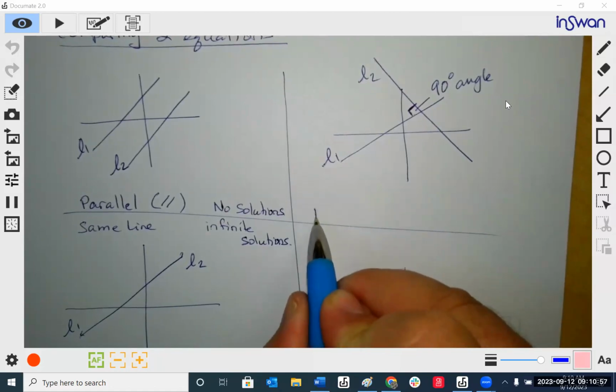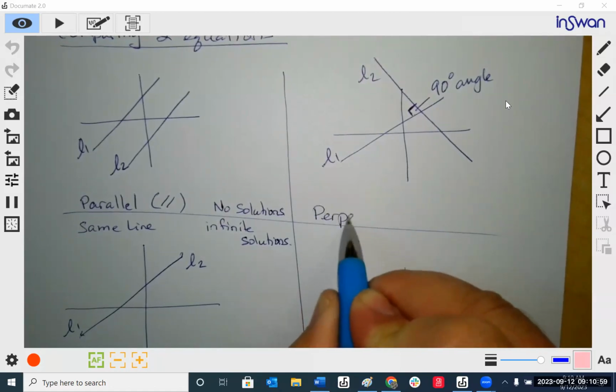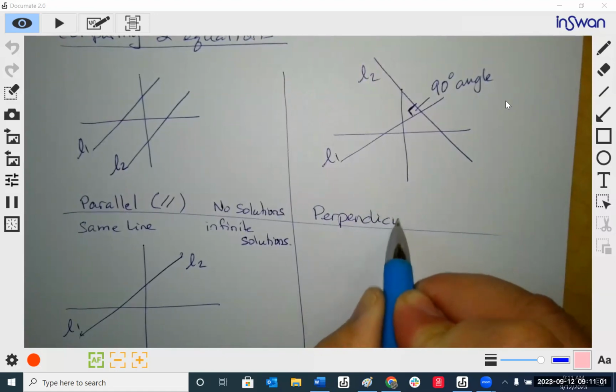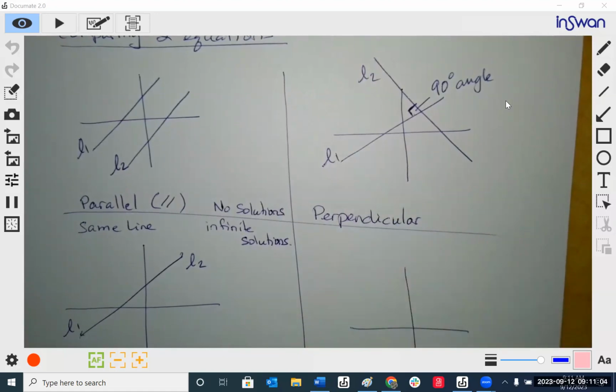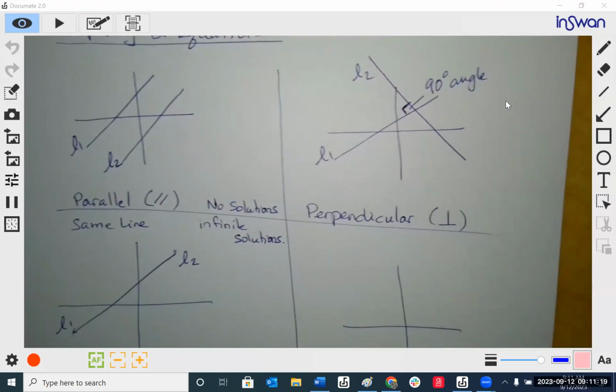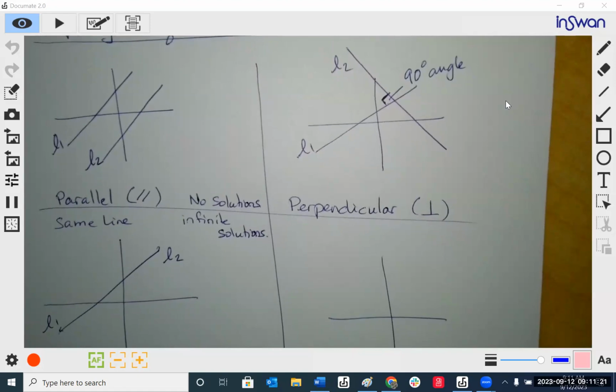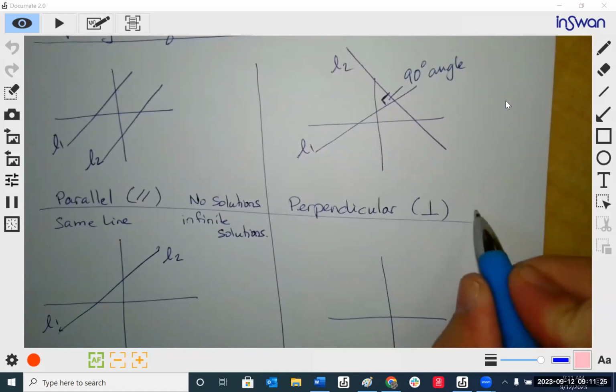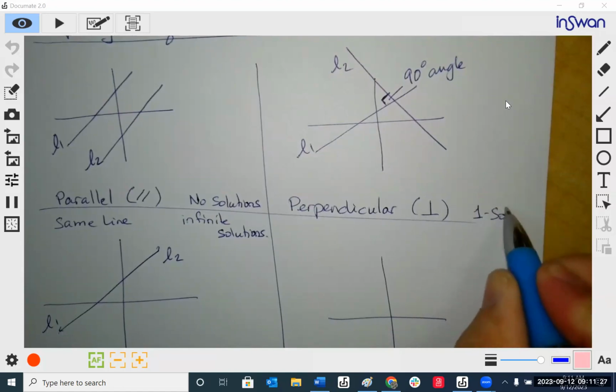We call these perpendicular or orthogonal or normal. There are different things you use it for. We use this in mathematics, but we'll call it perpendicular here. The symbol we use here is the upside down T. This one has one solution.